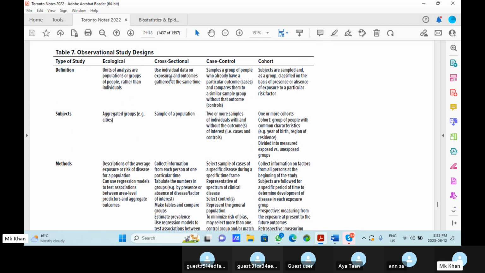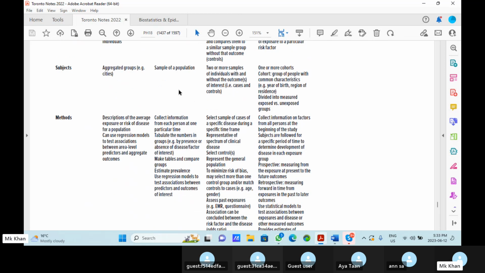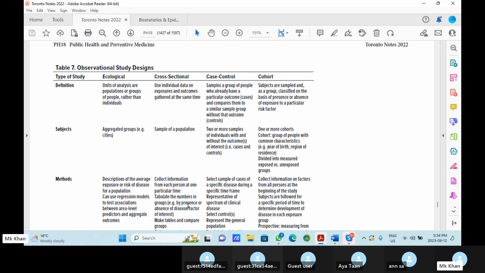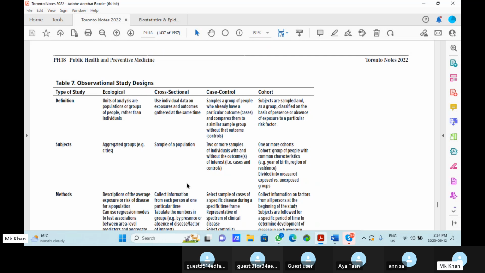In cross-sectional, we have a sample of the population and use individual data, usually at one time. We collect information from each person at one particular time, and this is important for cross-sectional. And we tabulate the numbers in groups and make tables, but it is at a given one time.